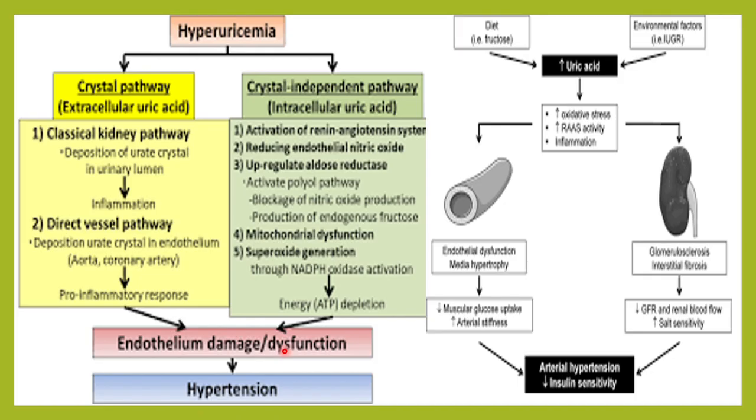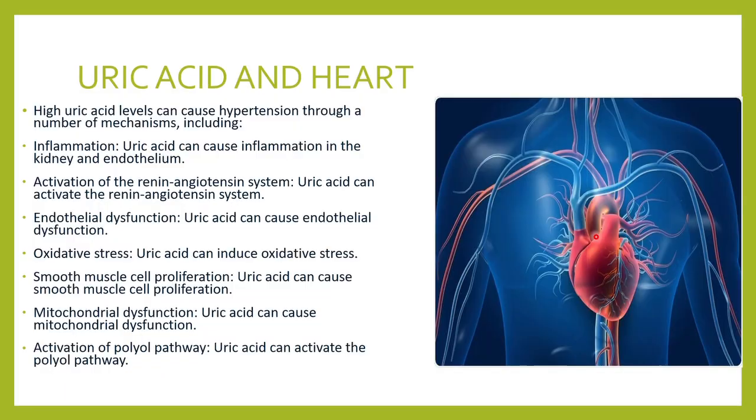So you can see here how this hyperuricemia is causing endothelial damage and dysfunction, which is causing increased resistance and hypertension, how it is activating the renin-angiotensin system, and how it is causing the smooth muscle fibrosis and then causing hypertension.